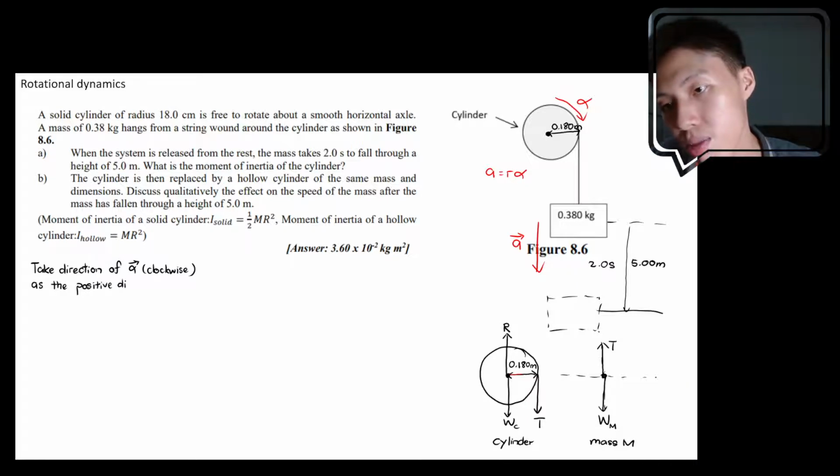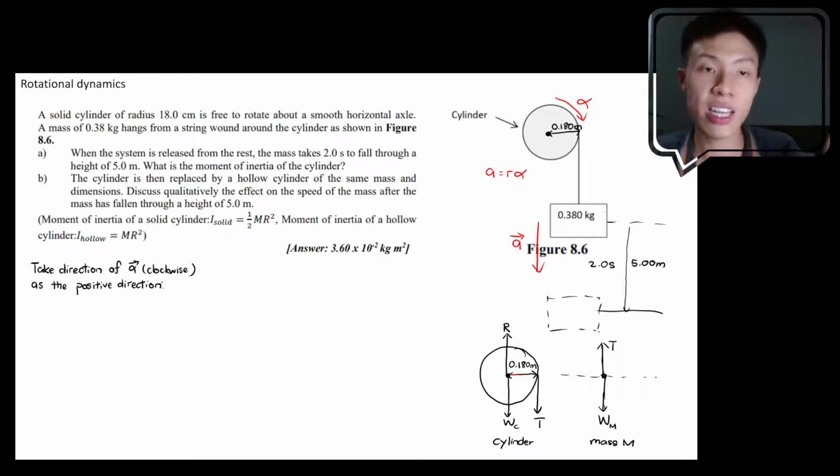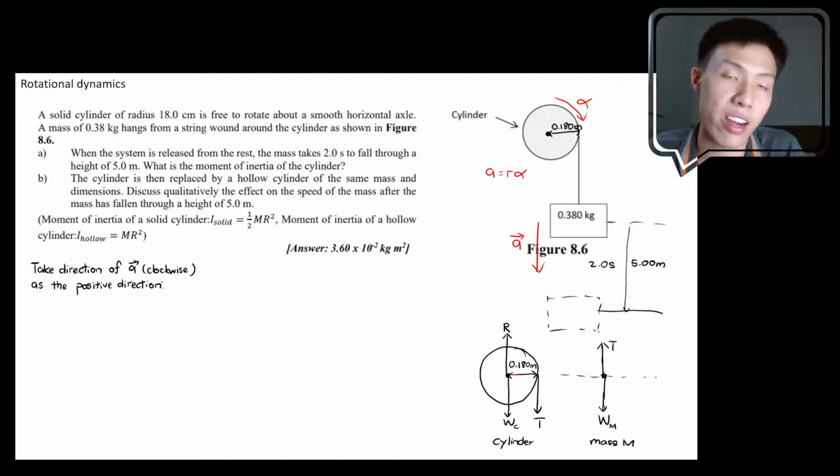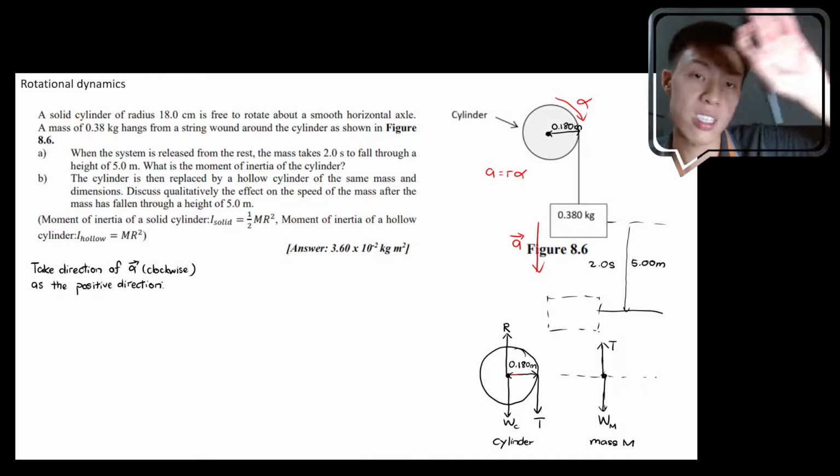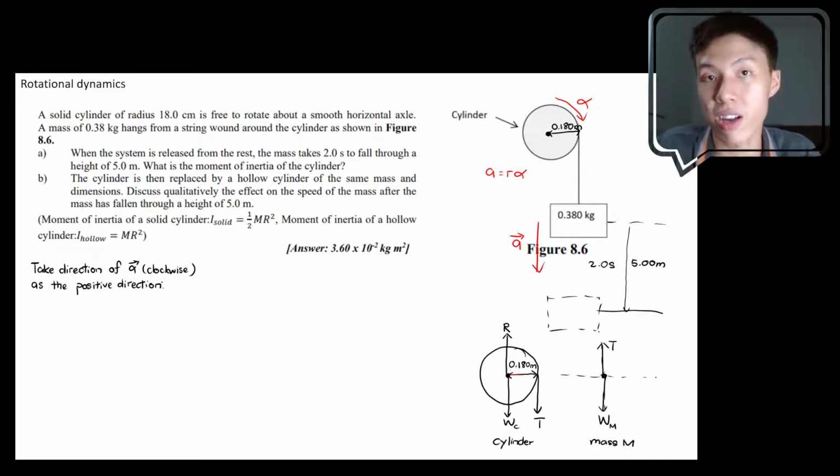Okay, so what it means is if your torque is pointing anti-clockwise, then it's a negative direction torque. If your torque is clockwise, then it's a positive direction torque. Okay, so now we define clockwise as positive because we want to follow the direction of the angular acceleration.